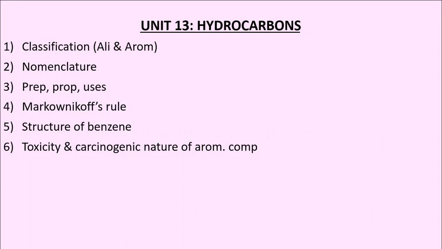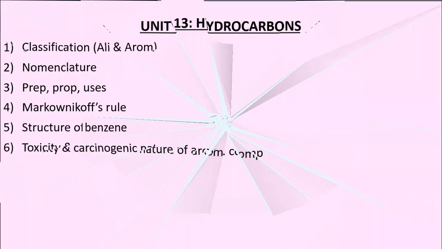Another important thing in hydrocarbons is Markovnikov's rule, which is very important, and that rule was proposed by Markovnikov. This was applied in the reaction. Next comes structure of benzene and toxicity and carcinogenic nature of aromatic compounds.